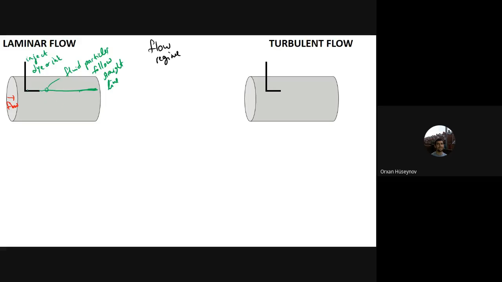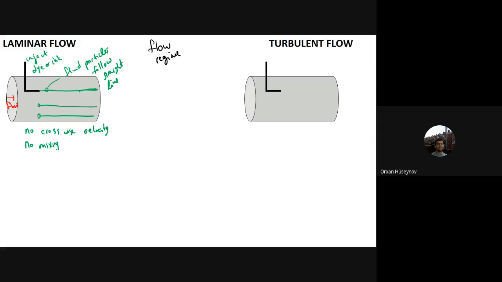If I, for example, inject the dye at this location, the fluid particles again will flow in a horizontal line. If I inject the dye at this location, the fluid particles will flow in that horizontal line. You can see there is no crosswise component, no crosswise velocity. So that is the laminar flow. In other words, if there is no crosswise component, it means there is no mixing.